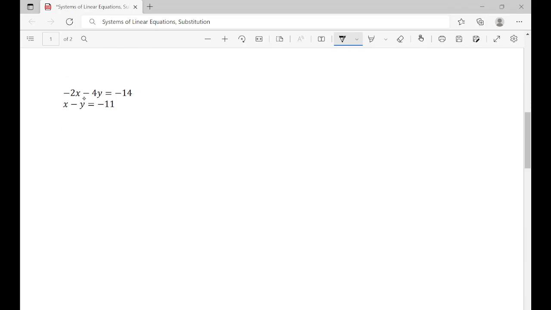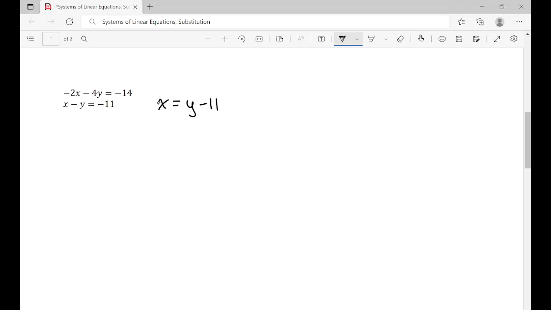Next we have negative 2x minus 4y equals negative 14, and we have x minus y equals negative 11. So this time I'm going to solve for x, whereas before I solved for y. So I'm going to add y over, so I'm going to get x equals y minus 11.